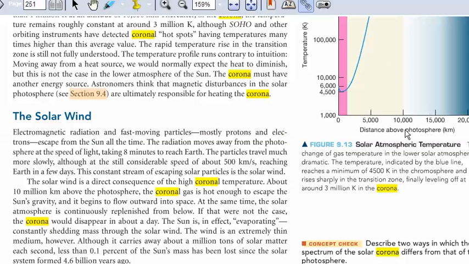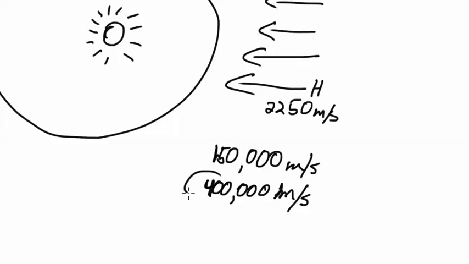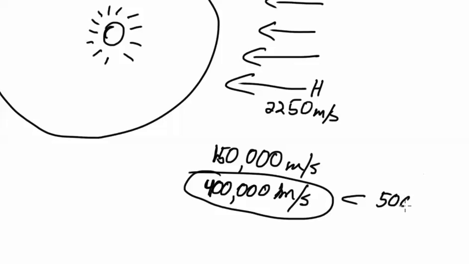Now that's for the particles that are embedded in the corona. These particles here that actually are part of the solar wind go 500 kilometers per second, which could be compared to the one I gave earlier, which was 400,000 meters per second, which is less than 500 kilometers per second.